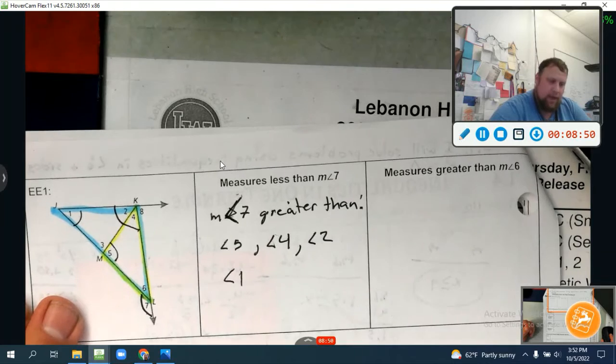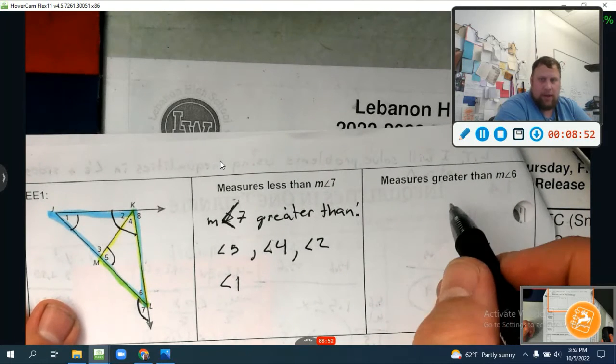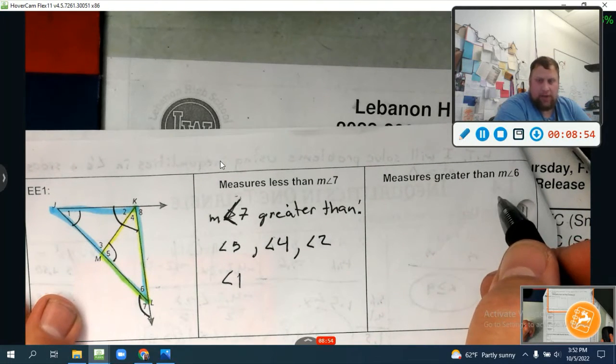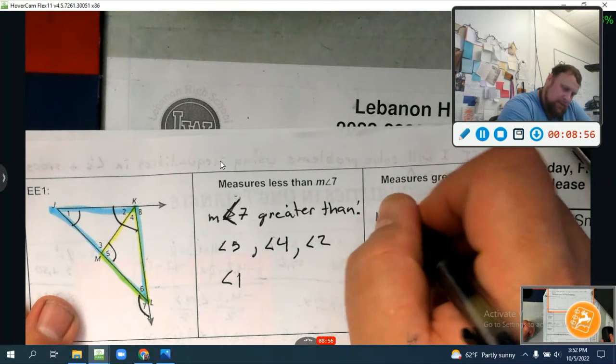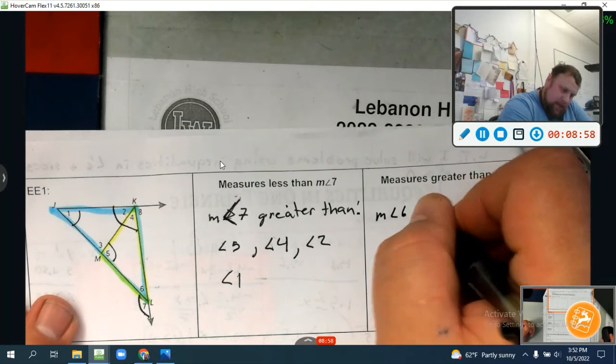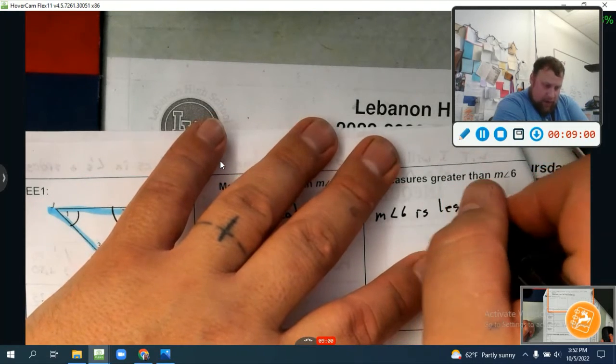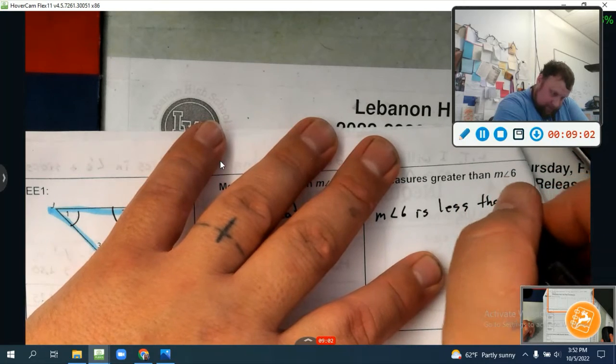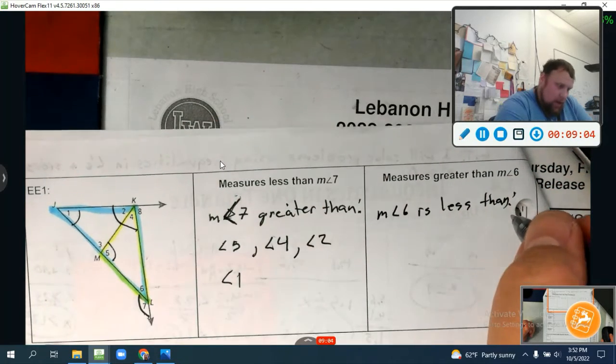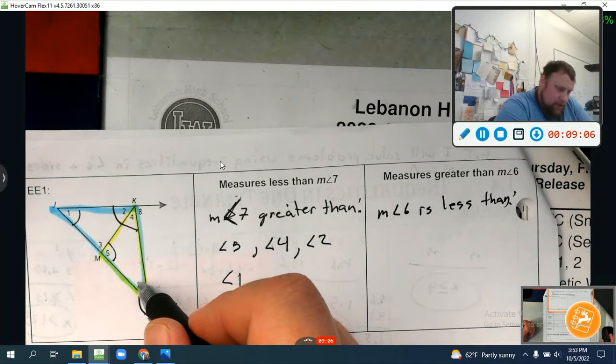Now, what angles measure greater than angle 6? In other words, the measure of angle 6 is less than what angles? Let's see, where's angle 6? Angle 6 is right here.